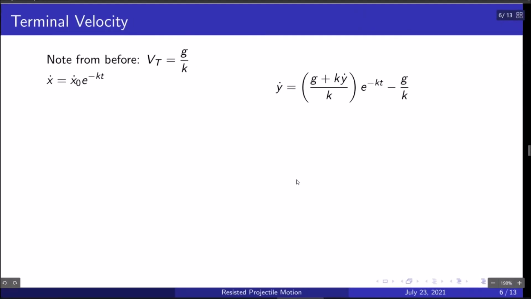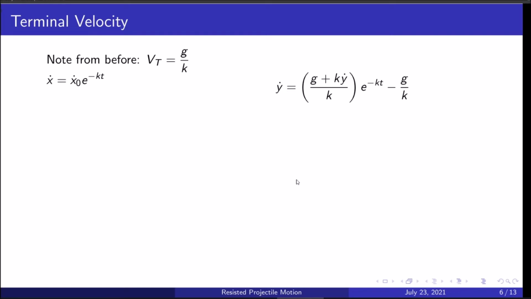Okay, I'm going to note something about terminal velocity. Once again, as before, terminal velocity is g over k, because that's where the resistance generated by velocity cancels out with the gravity.